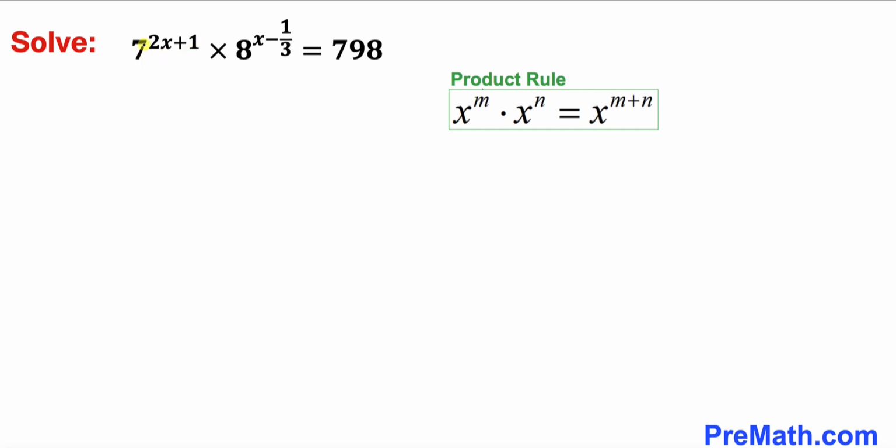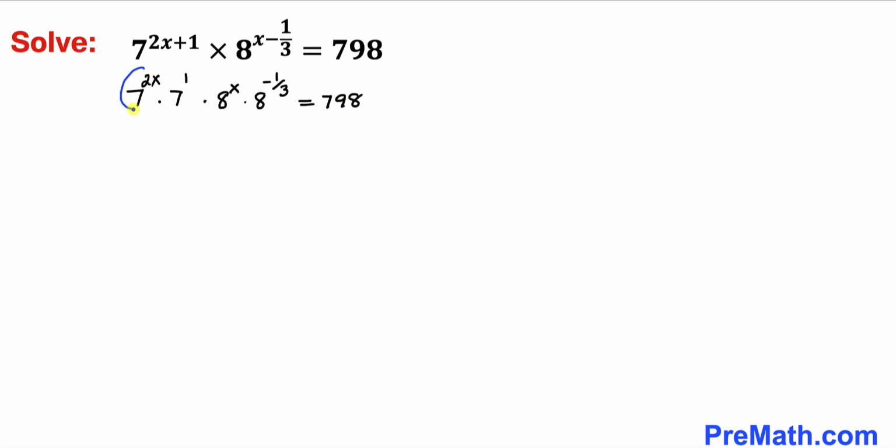So therefore this 7^(2x+1) could be written as 7^(2x) times 7^1, and then times, I can do this second one as 8^x times 8^(-1/3), equal to 798.